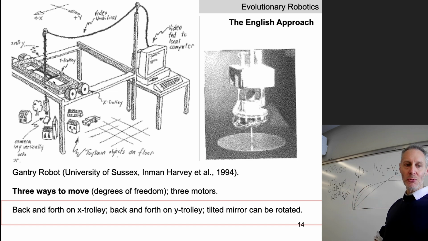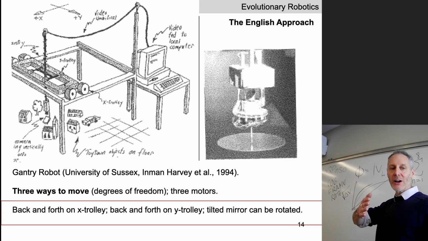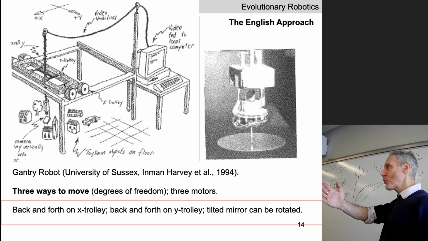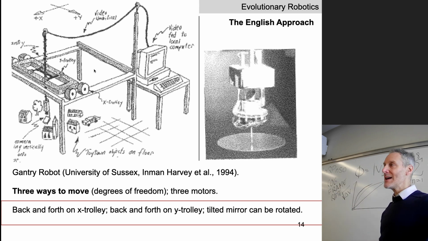What is this robot? It's called the Gantry robot because, not surprisingly, it's a gantry that is sitting on top of a table in which they've cut out the top of the table and just left the four sides. There is an X trolley, a little trolley here that drives back and forth horizontally across the top of this hollowed out table.